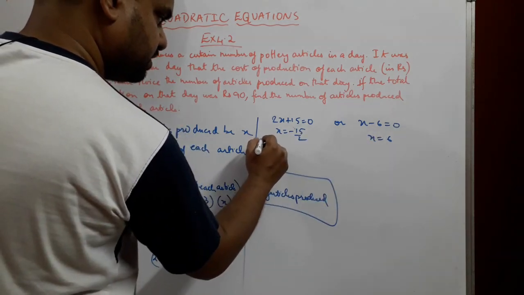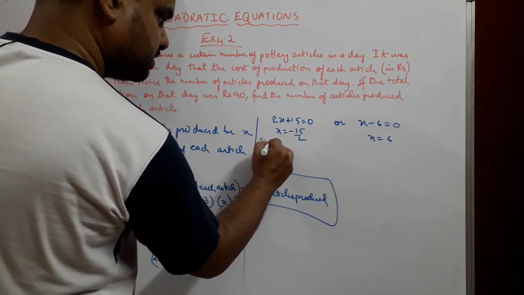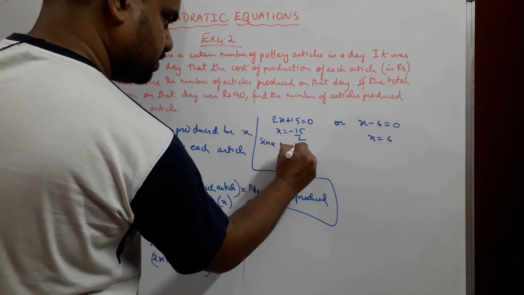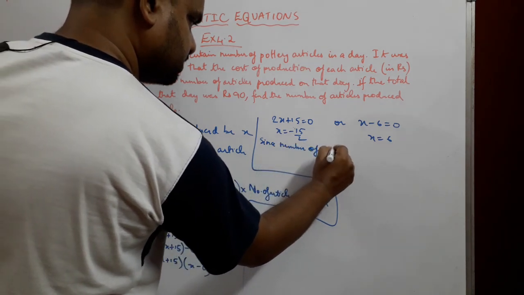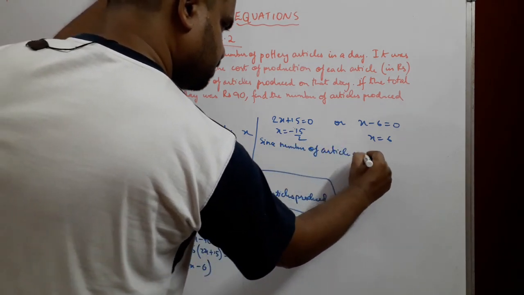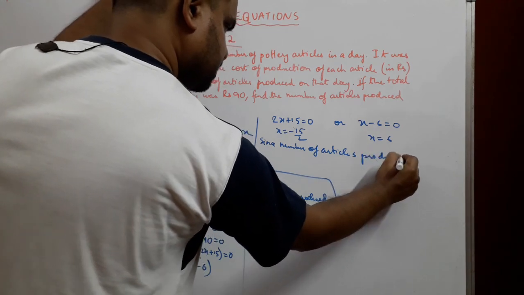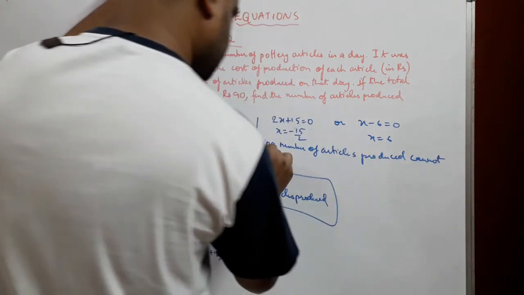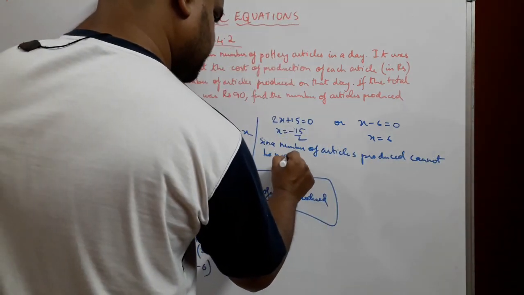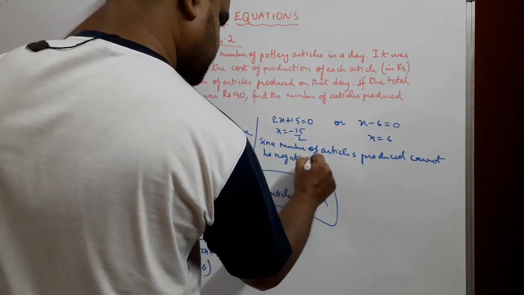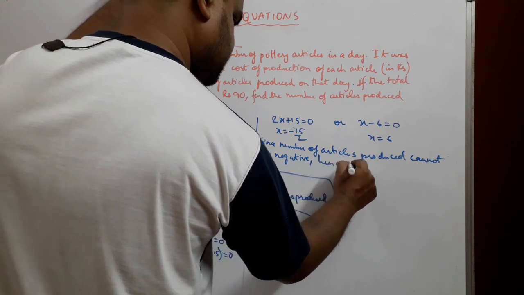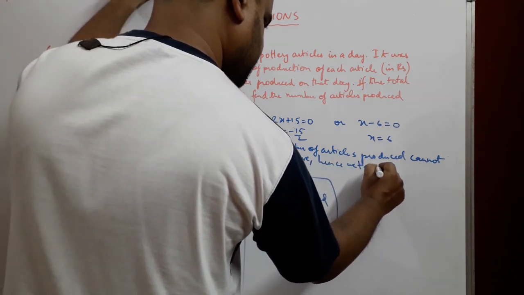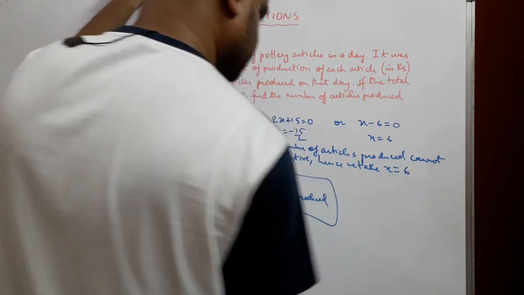So you can say, since number of articles produced cannot be negative, hence we take x equal to 6.